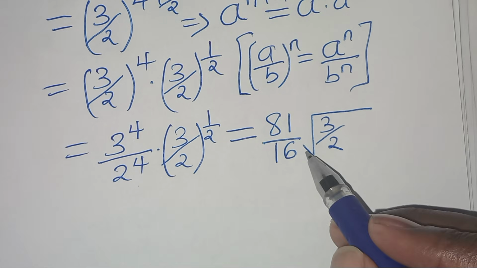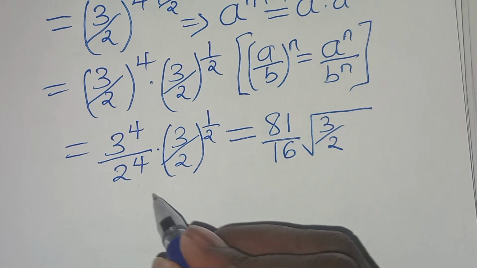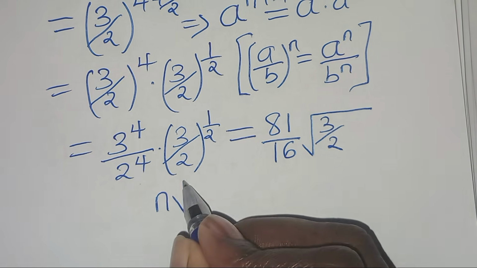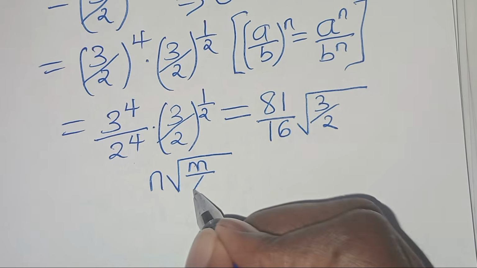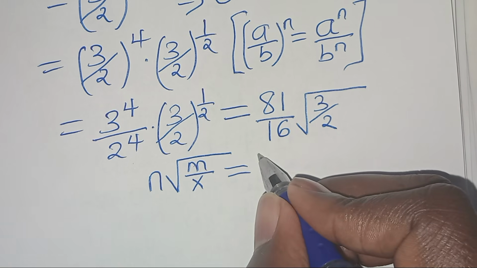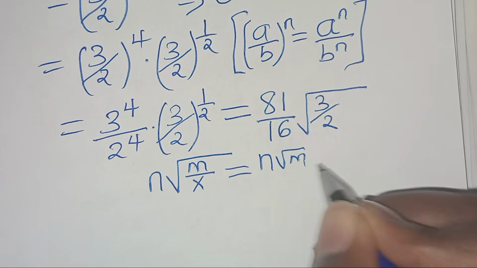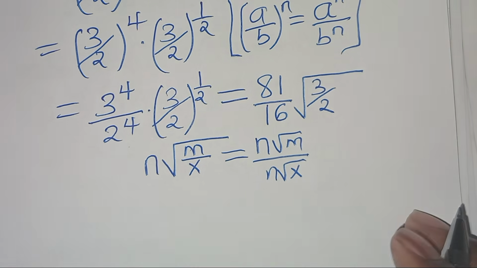Now, we find that we can express the square root of 3 over 2 in the form of the nth root of m over x, which we can express as the nth root of m divided by the nth root of x.